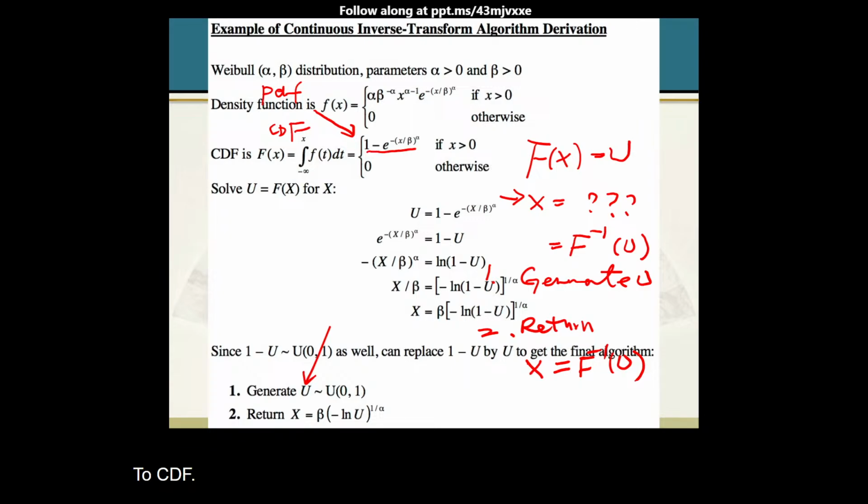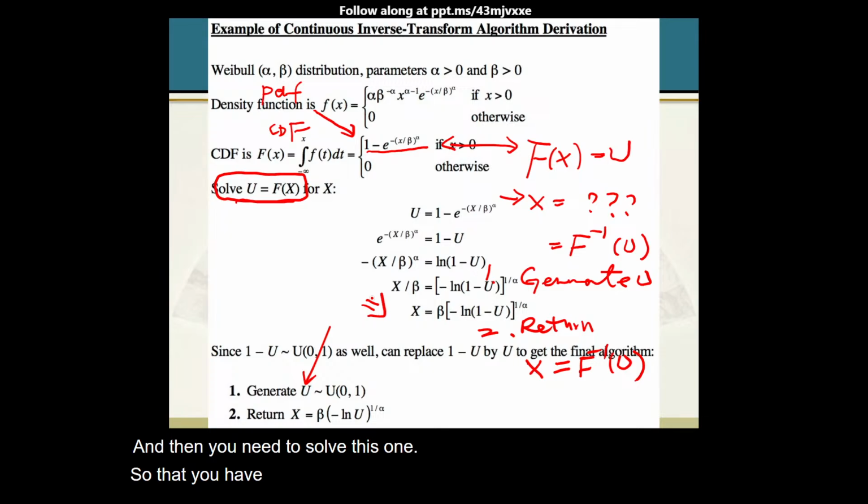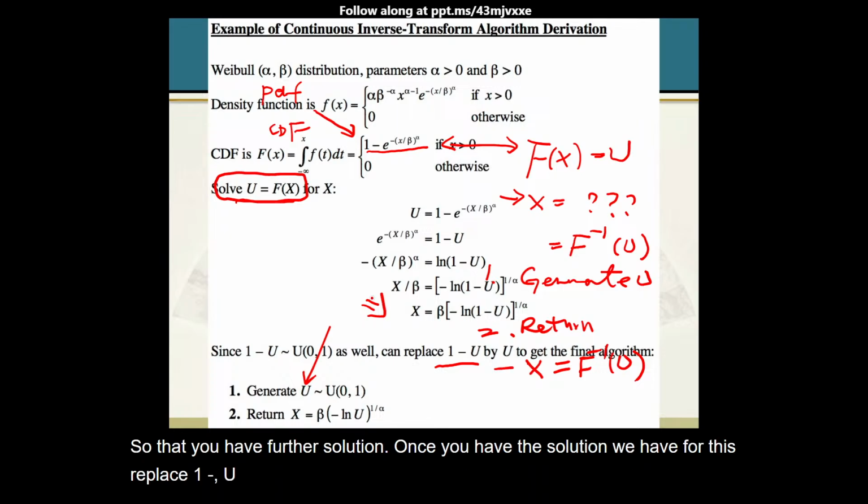So you have a CDF here, and then you need to solve this one so that you have the solution. Once you have the solution, replace 1 minus u by u, and then you can have the formula.